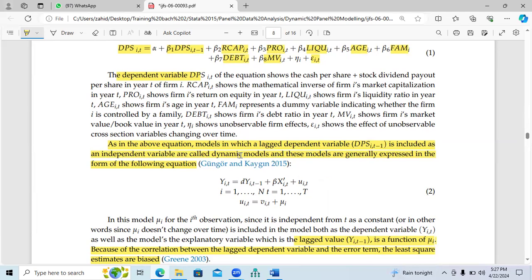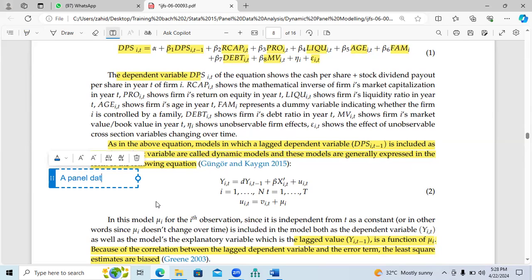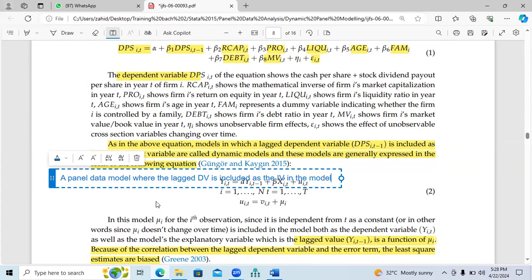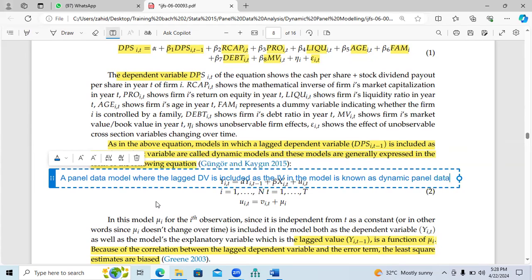So if you need to write a definition of what it means by dynamic panel data model: a panel data model where the lagged dependent variable is included as an independent variable in the model is known as a dynamic panel data model.